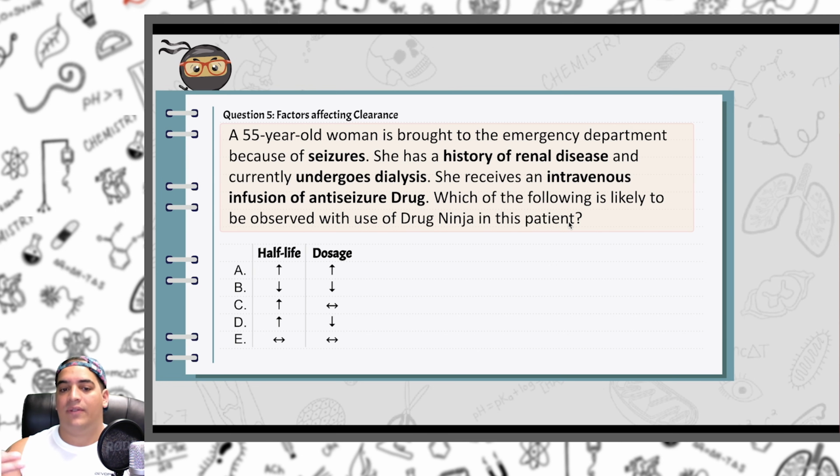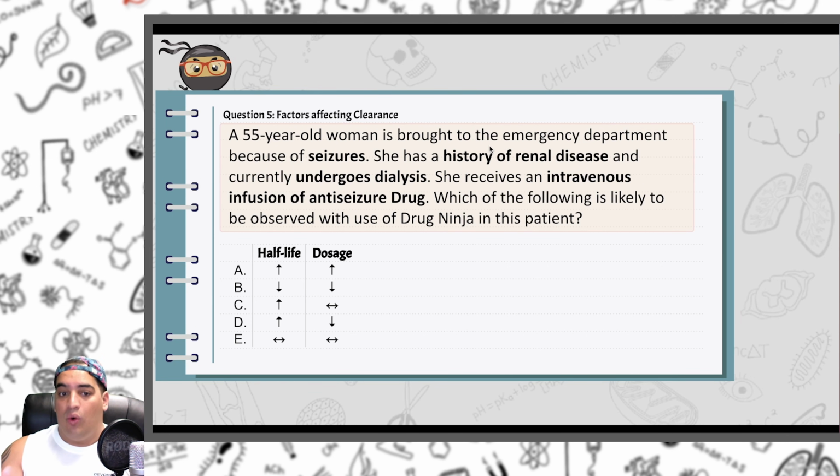And as the half-life of a drug increases, that means it can concentrate within the body, and it can start to have potential side effects if you can't clear the drug from the body. So as the half-life of a drug really increases, because you can't clear it because you have an underlying renal disease here, what would I want to do to the dosage of the next dose that I give?